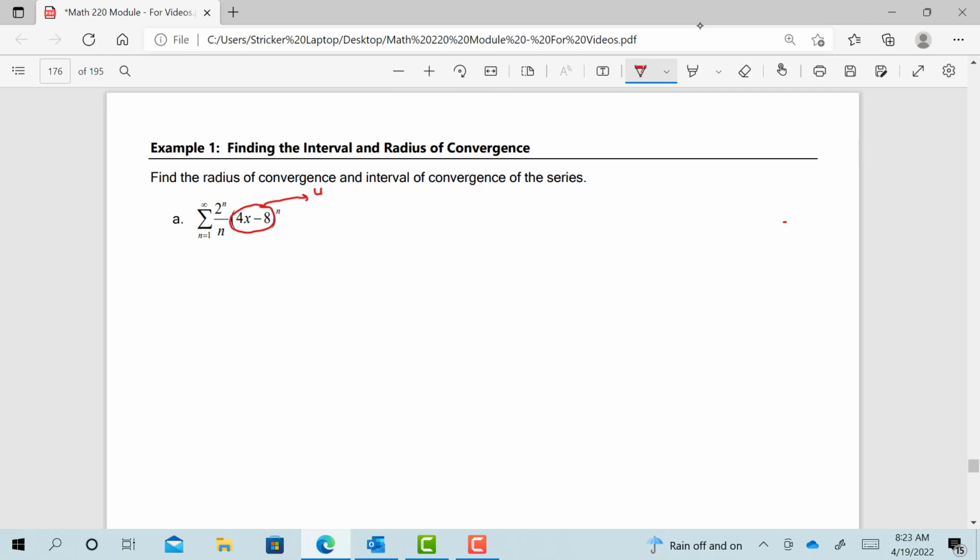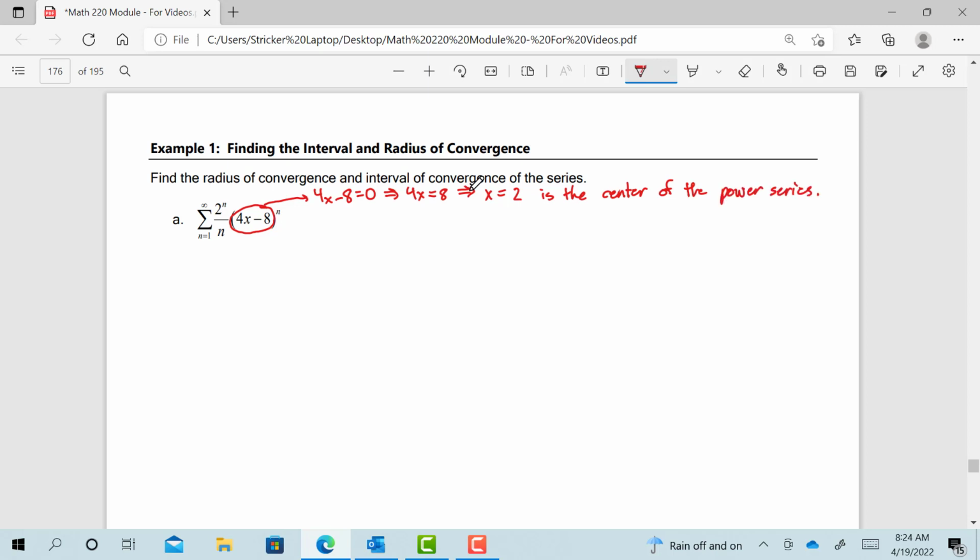So if we take 4x minus 8 equals 0, that means that 4x is equal to 8, which means x is equal to 2. So x equals 2 is the center of the power series.